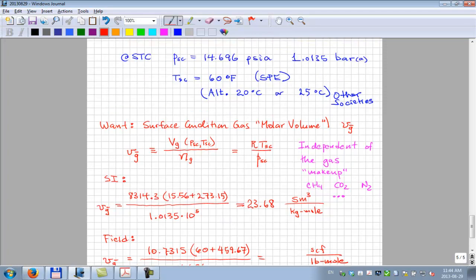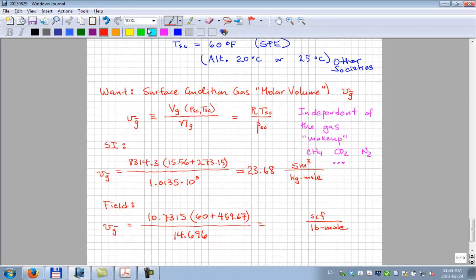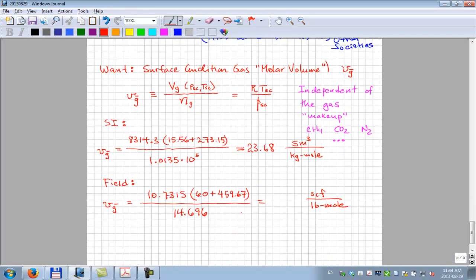Took me at least a decade or so before I did remember it almost right, 2368. And then for the other one? 379. That's good. Point 0.5. So, all right.